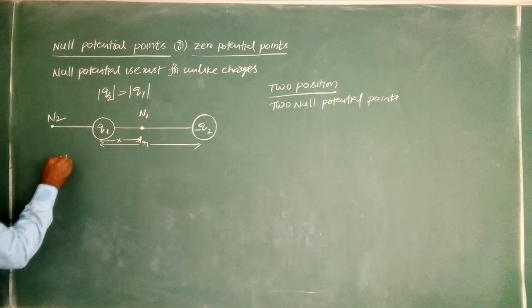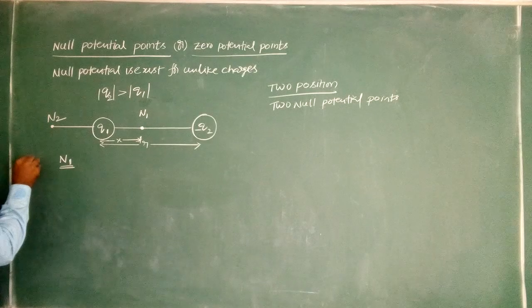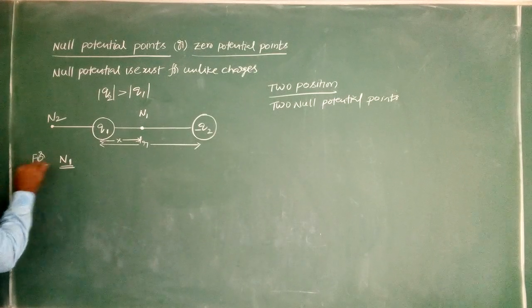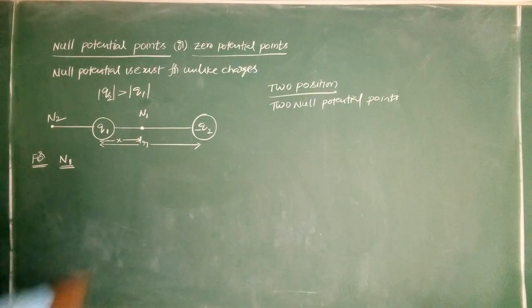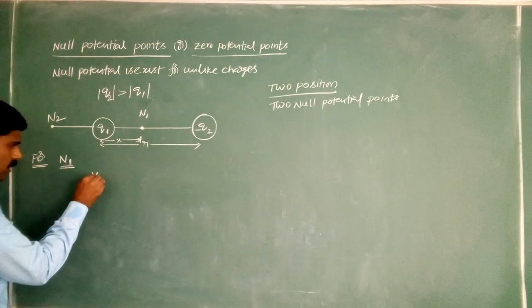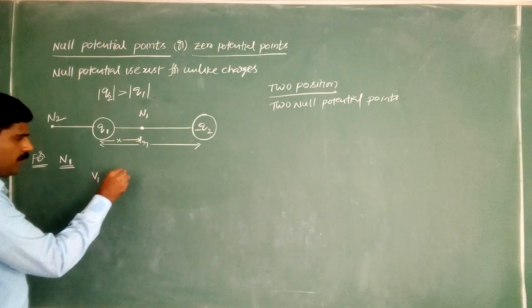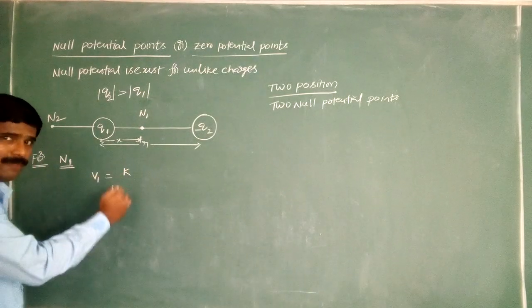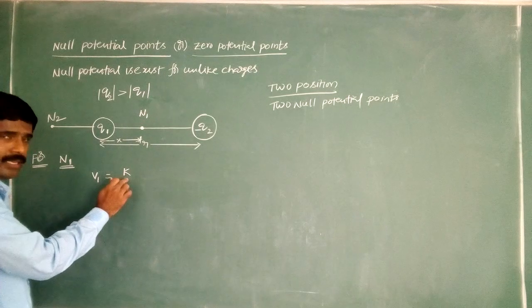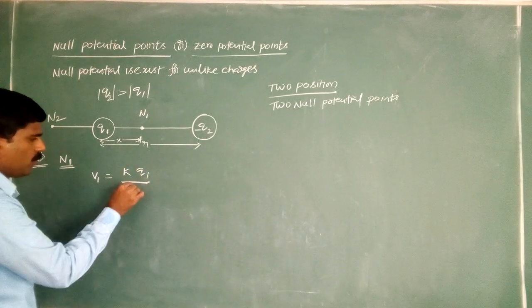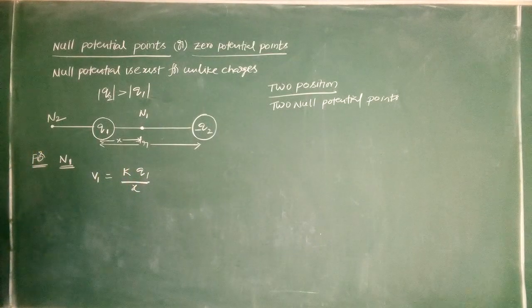To find N1, due to the first charge the potential at this point N1 is V1 is equal to K into Q1 by that distance, which is x.